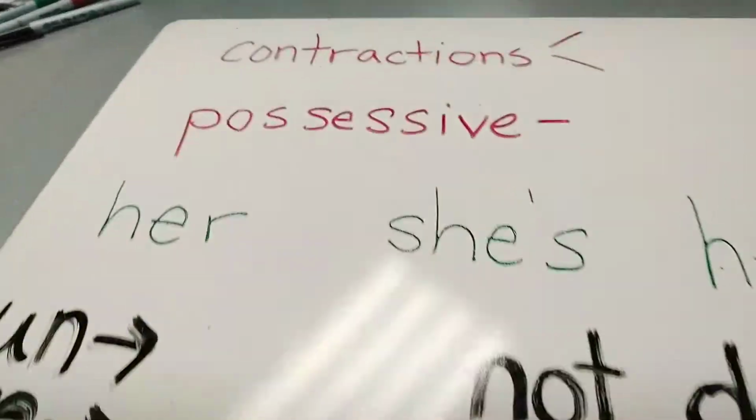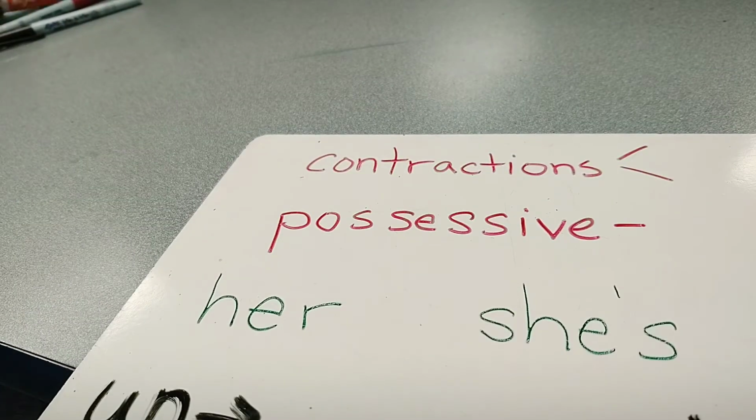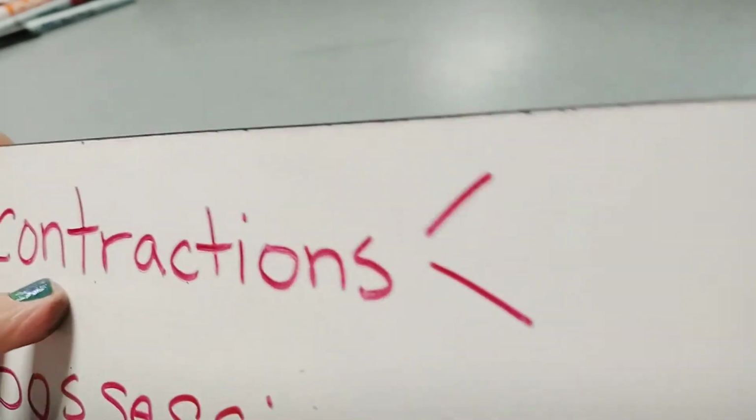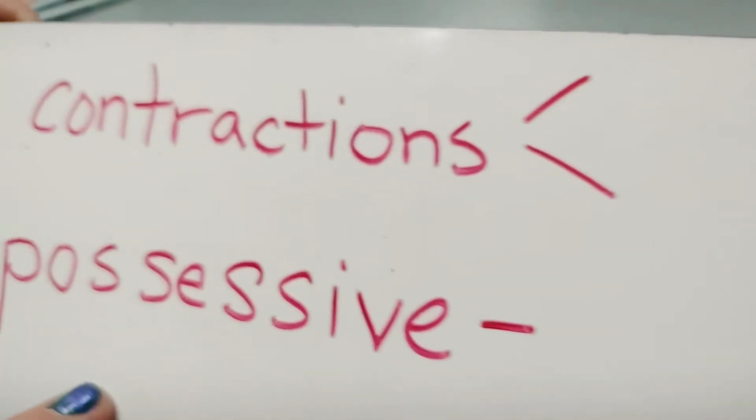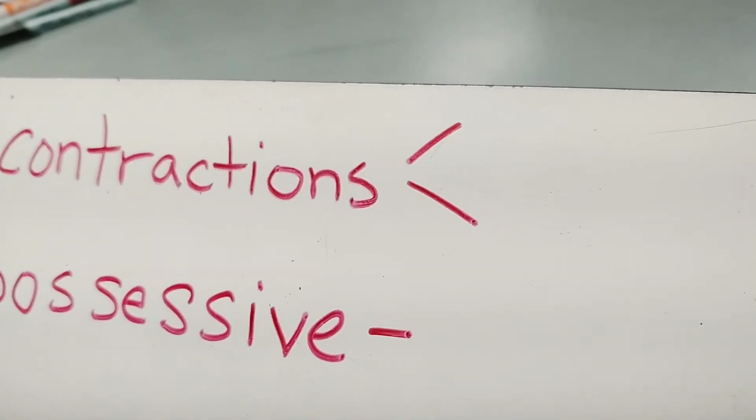Then we've talked about the difference between contractions and possessive nouns, okay? The thing to remember, the differences between the contractions and the possessive, there are two rules for contractions and only one for possessive. What are the two rules for contractions?